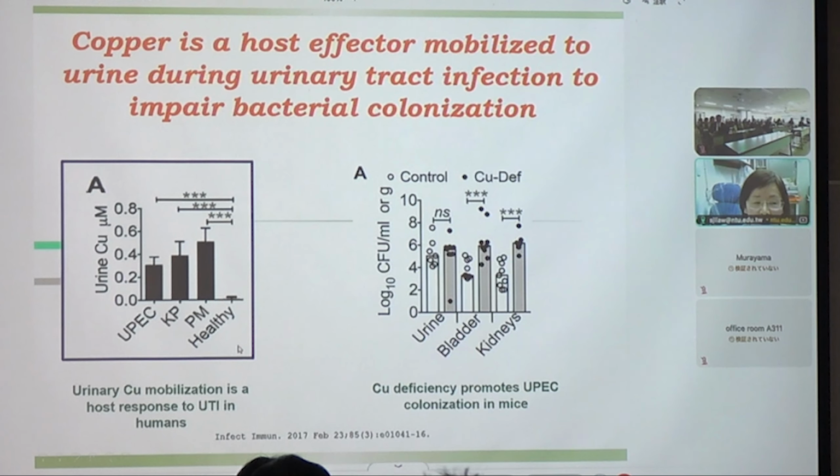The left diagram shows that upon infection by UPEC, uropathogenic E. coli, or Klebsiella pneumoniae or Proteus mirabilis, the urine copper concentration will increase dramatically compared to the healthy control.